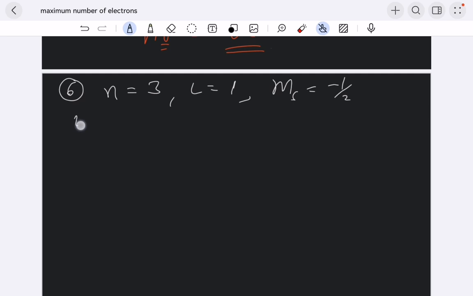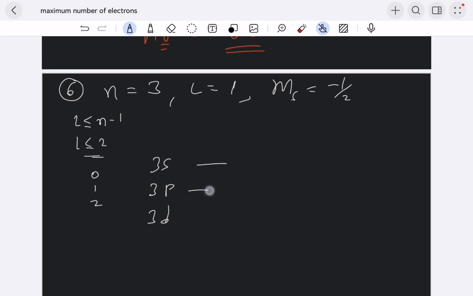We know that L is less than or equal to n minus 1, therefore L can be 0, 1, 2. In this case we are looking at the 3s, the 3p, and the 3d.